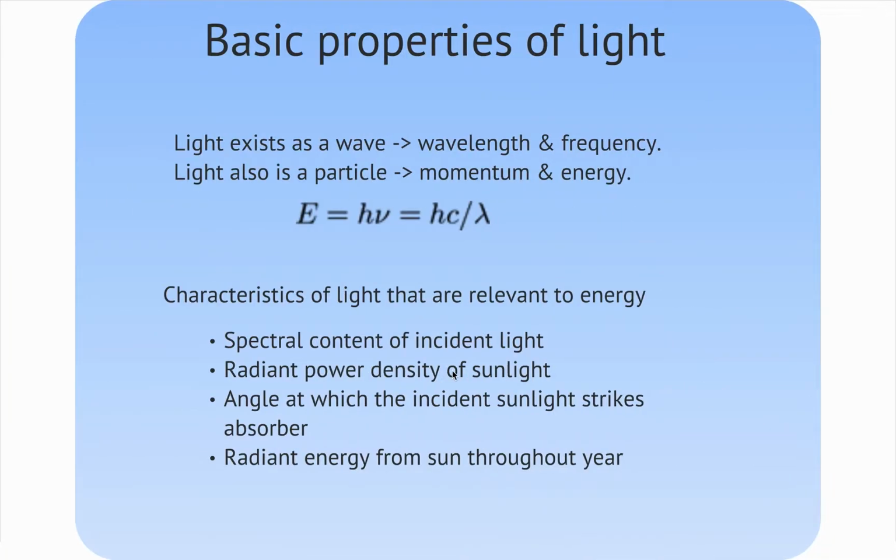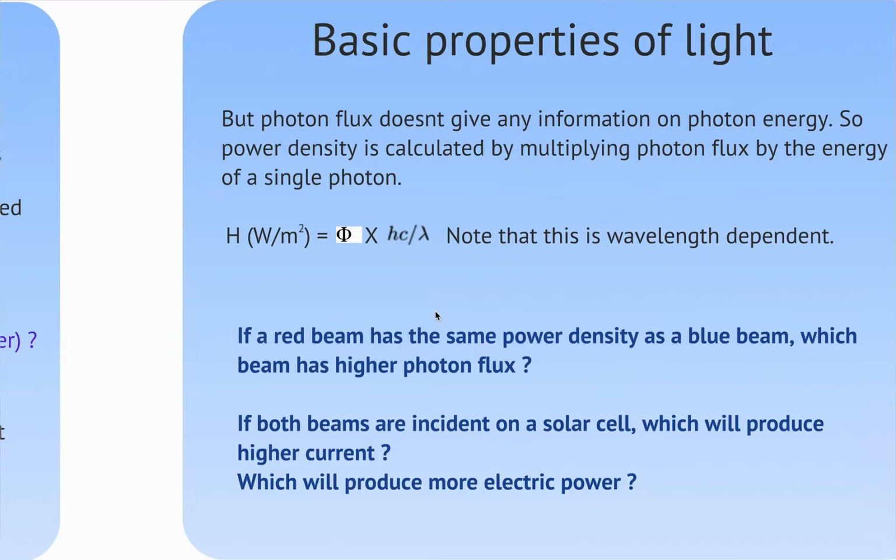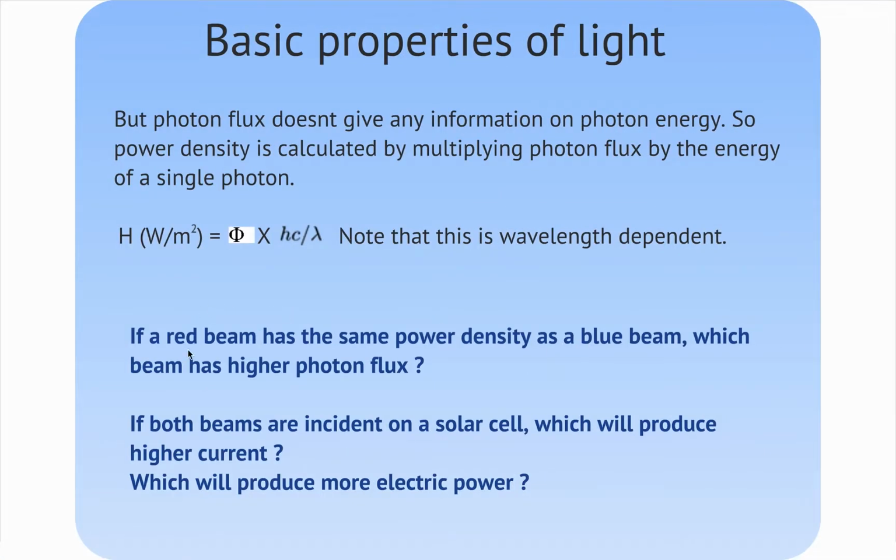So going back to our question, the energy of our red photon is less than that of the blue photon. But if the two beams have the same power density, that means you need to have more red photons than blue photons. You have to make up for the lower energy by having more of these. So that means the red photon has a higher photon flux.